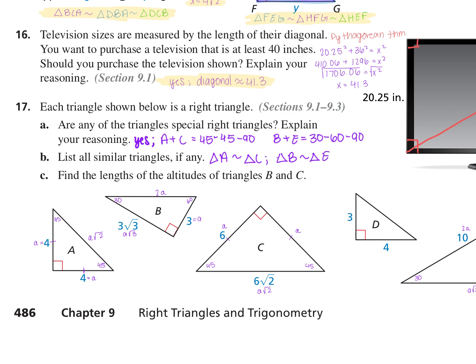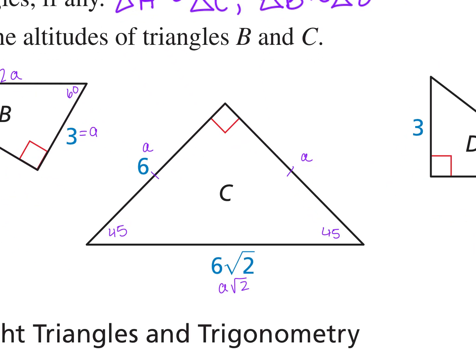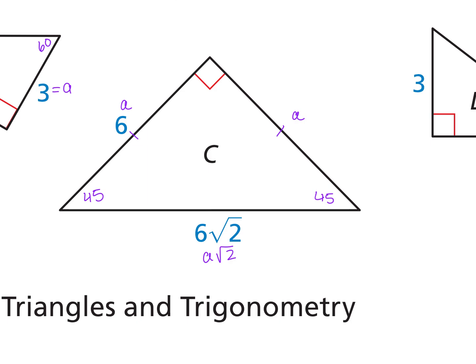And the last one says find the lengths of the altitude of triangles B and C. So I'm going to go ahead and do C first. Looking at C, keep in mind your altitude goes straight down. And it makes that 90-degree angle right here.